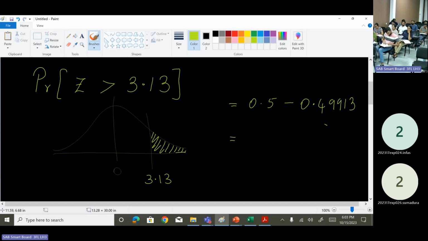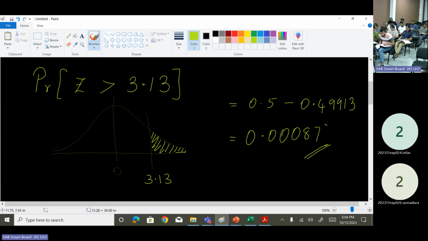If you are referring any value of 3 or above, you have to give the answer up to 5 decimal places properly. And if you have only up to 4 decimal places, then okay, you give the answer up to 4 decimals. So this one should be given up to 5 decimal places. So it will be 0.00087.